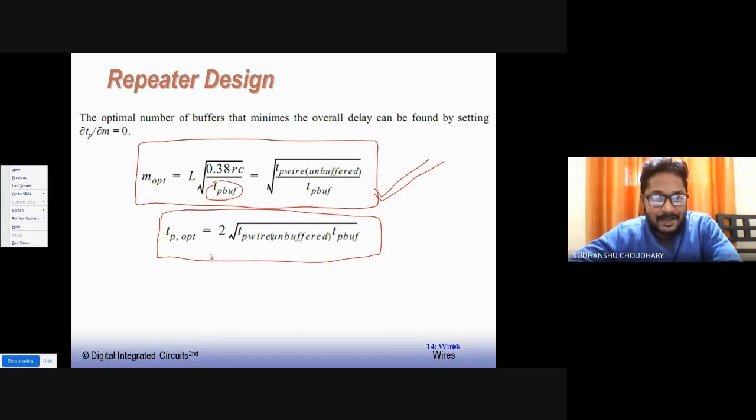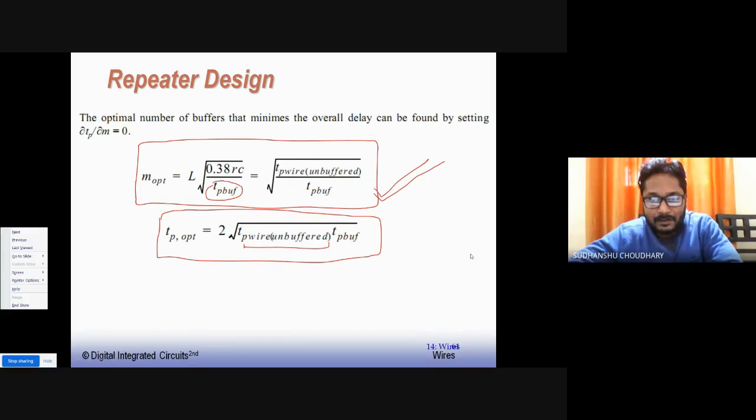But let us digest at this moment that the optimum delay, where you are using the optimum number of repeaters, would be equal to 2 times the square root of the propagation delay of the unbuffered wire, that is wire which has no buffering, and the delay of wire with buffers.